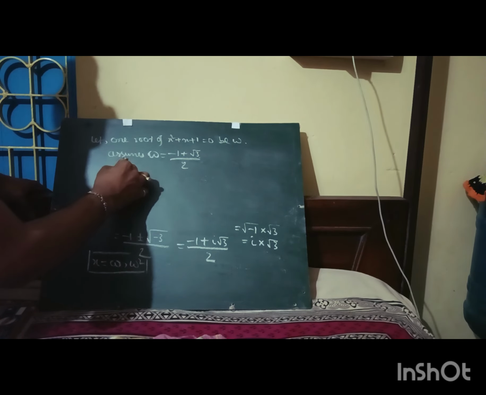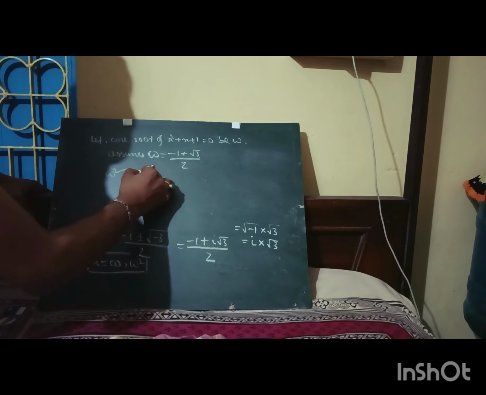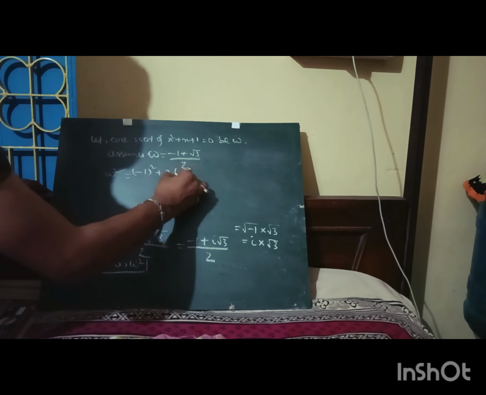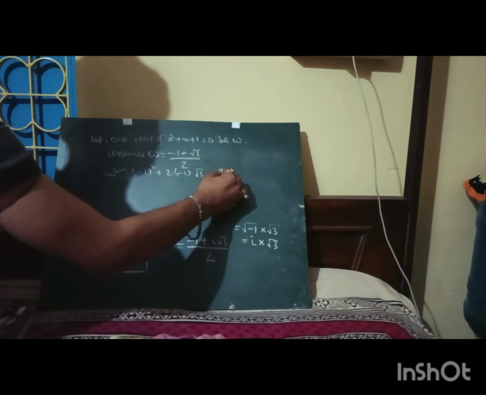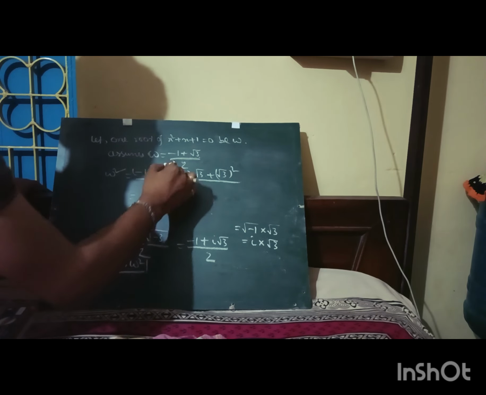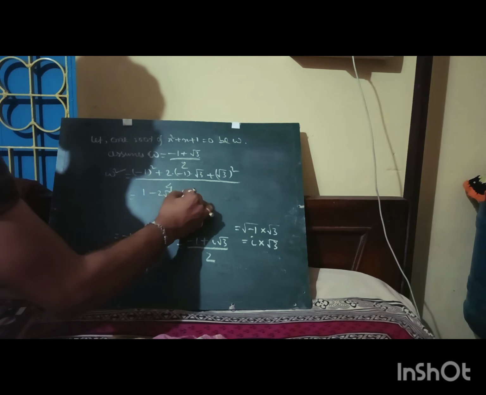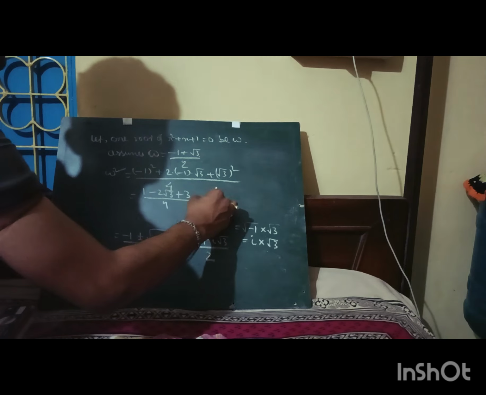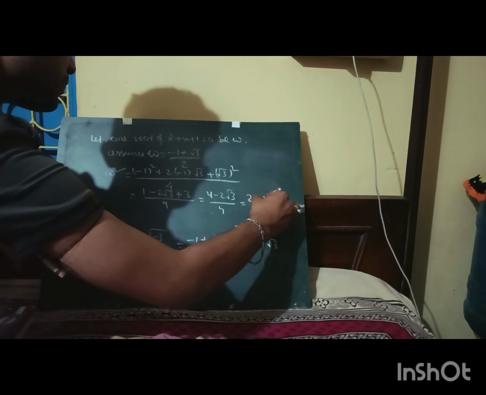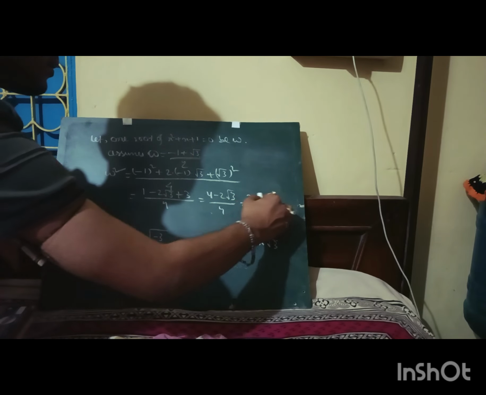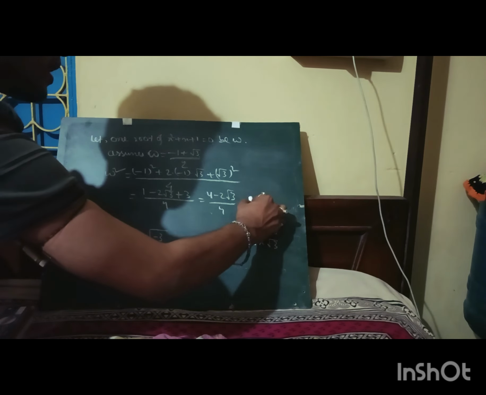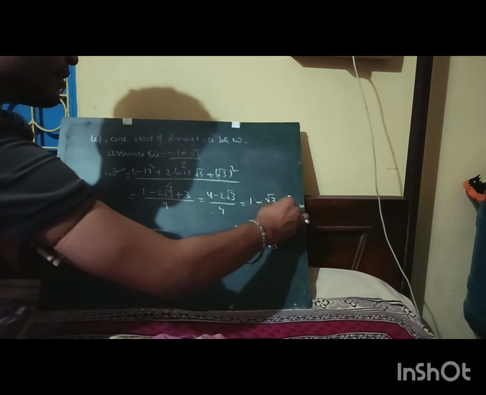Then we find omega square. Omega square means minus 1 square plus 2 into minus 1 into root 3 plus root 3 square, by 4. That means 1 minus 2 root 3 plus 3, by 4. That means 4 minus 2 root 3 by 4, that means 2 minus root 3 by 2.